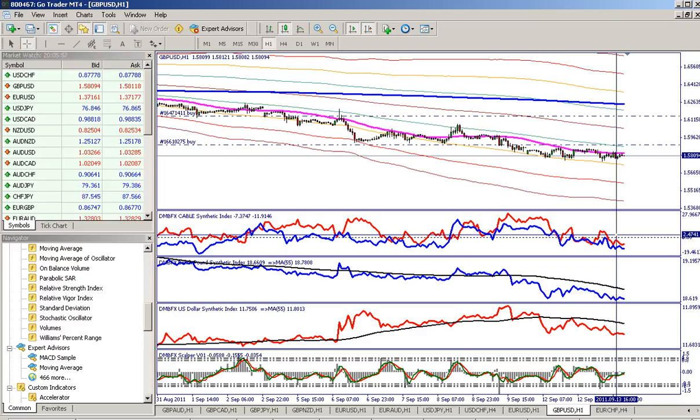And here you'll see that the dollar is in control at the moment, and here you'll see that both the dollar and the pound are way below the long-term moving average. Okay, that's pretty much it.